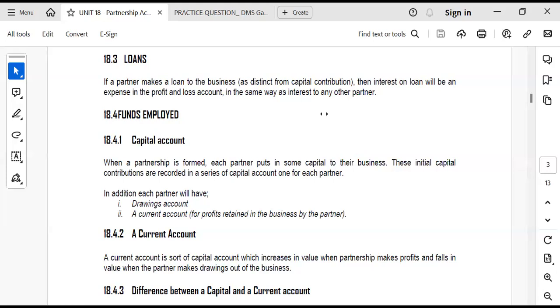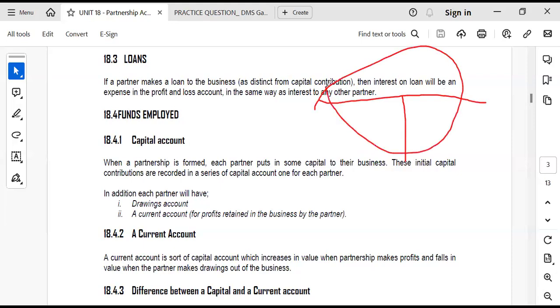You debit it and credit it, and make all the adjustments in it. So in case this is your T account, for a fixed capital account, all the adjustments that you will be making will be in one account.